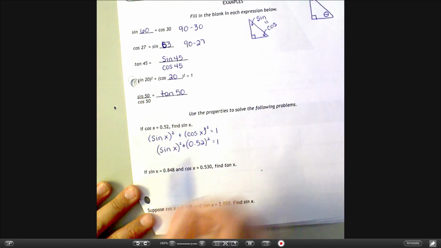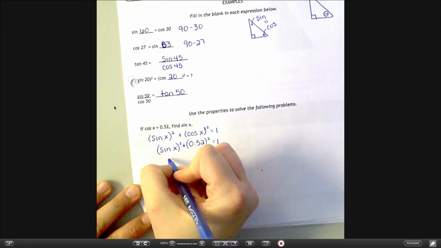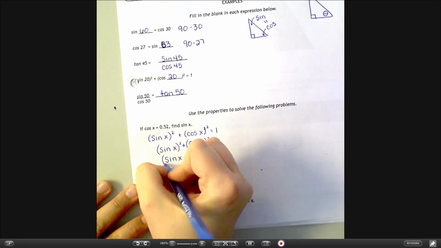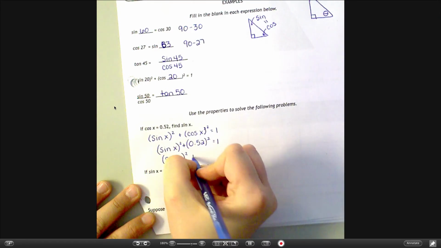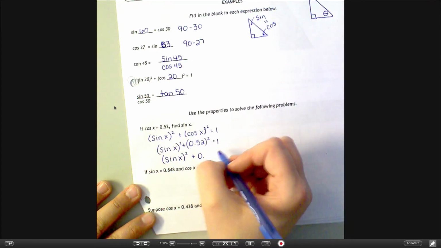Well, what is 0.52 squared? Can you help me with that? Thank you. So now I have sine of x squared plus 0.2704. Can you say that again? 0.2704? Yeah.